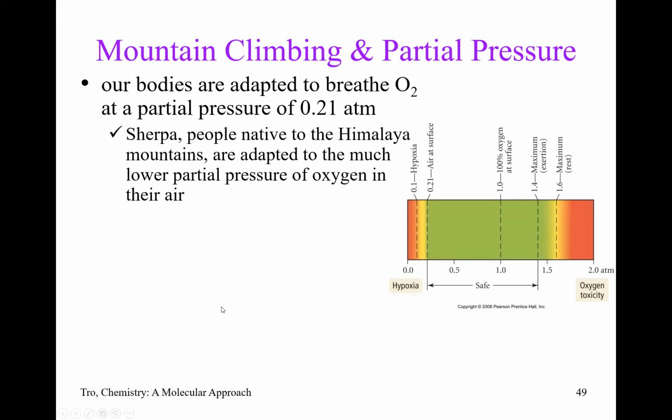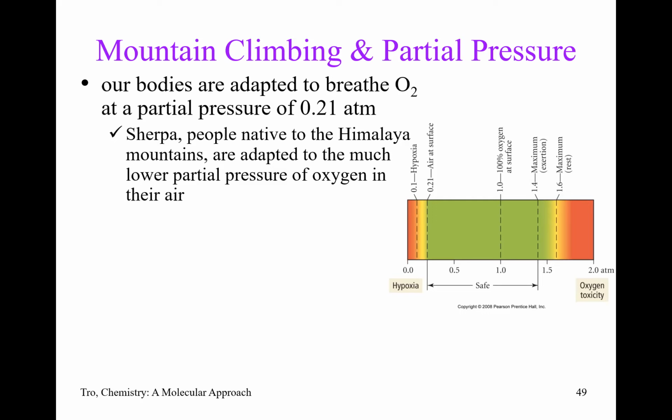All right, so most humans, our bodies are adapted to breathe oxygen at a partial pressure of 0.21. And that's because the percent of oxygen, now it depends on how you do the percent, whether you do it by mole or by weight, but nitrogen and oxygen, the majority of the components, have almost the same mass.